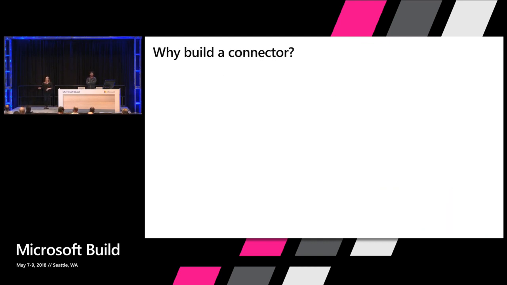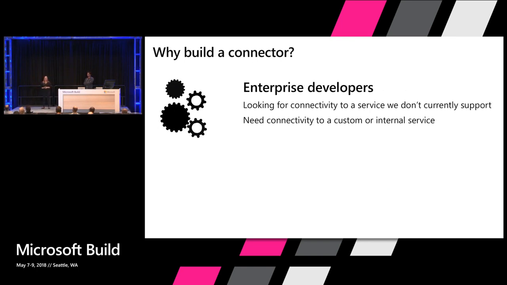Before I show you how to build a connector, let me give you a little context about why you might want to, or might have to, build a connector. We split this into two sections. One of them is enterprise developers. The reason enterprise developers typically build connectors is because, A, in that large list of sources that we support, it doesn't have that one critical source you need to get your work done.